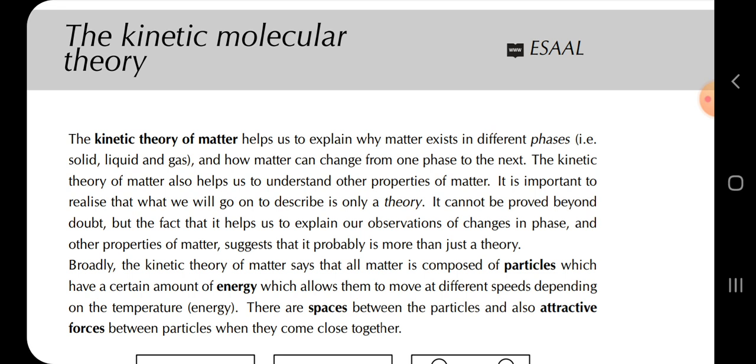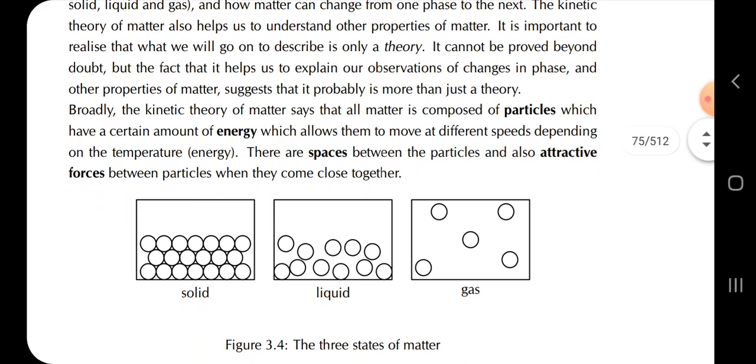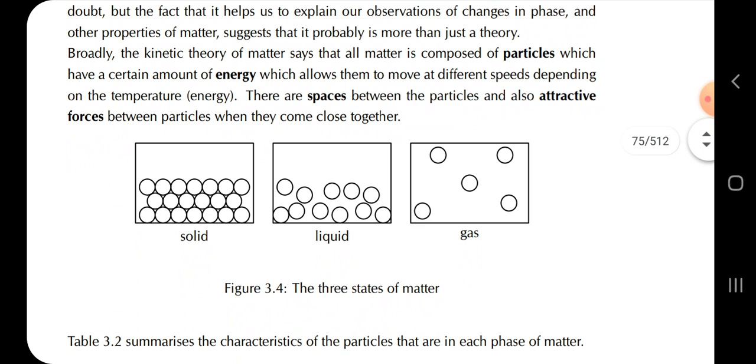It is important to realize that what we will go on to describe is only a theory. Okay, it cannot be proved beyond doubt, but the fact that it helps us to explain our observations of change in phase and other properties of matter suggests that it probably is more than just a theory.